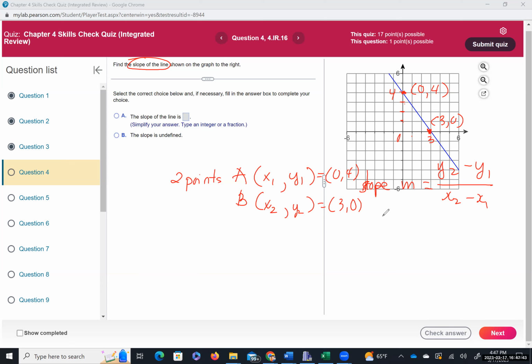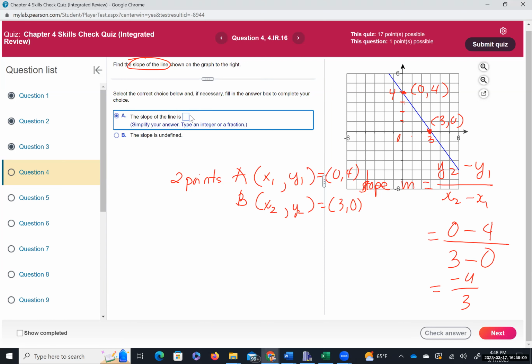So y2 is 0, y1 is 4, and divided by x2 is 3 minus x1 is 0. You can do it by hand. You're gonna get top is -4, bottom is 3. So you're gonna get -4 over 3 as the answer. Okay, -4 over 3 as the answer.